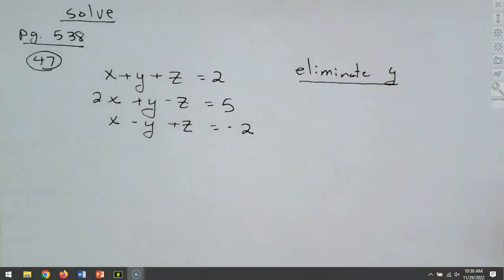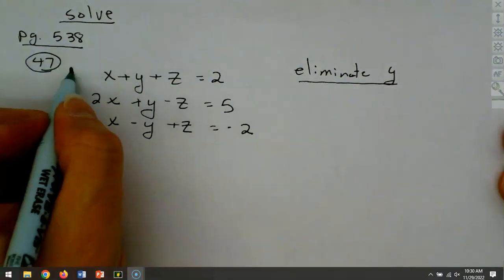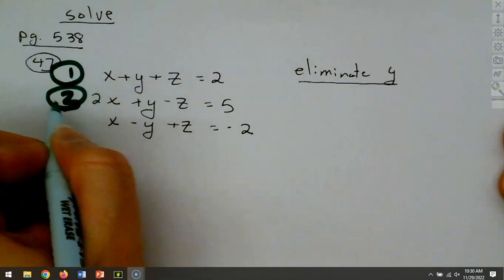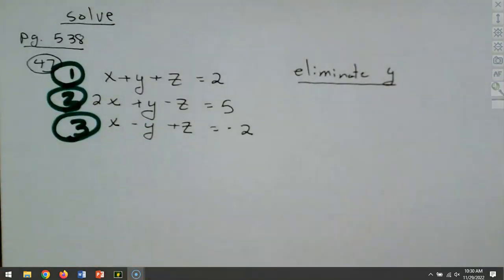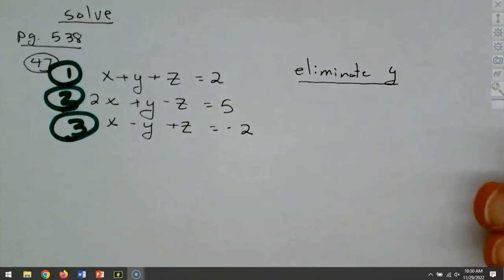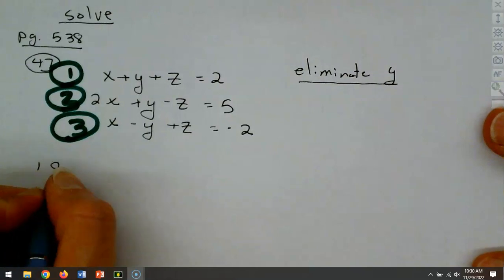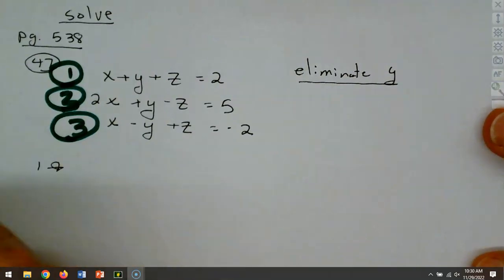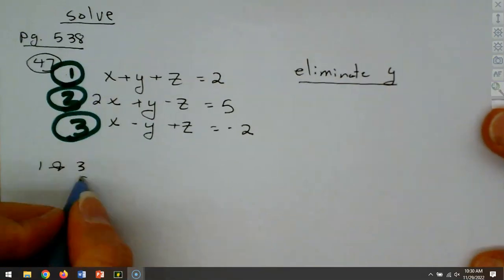So pick a variable at the beginning, and we've got to eliminate. Now, we do this 2 at a time, and we have to use all 3 equations. So as we use them, we're going to check them off. So we have to use all 3. We have to pick them 2 at a time. So I'm going to pick 1 and, how about 1 and 3? Now, why am I going to use 1 and 3?